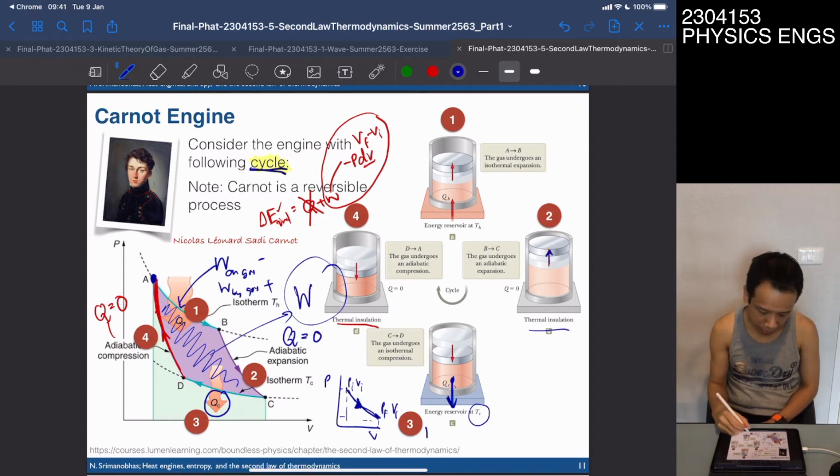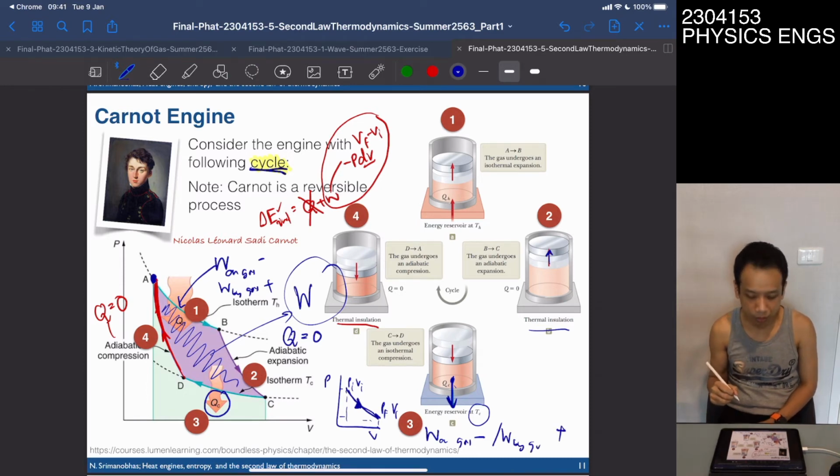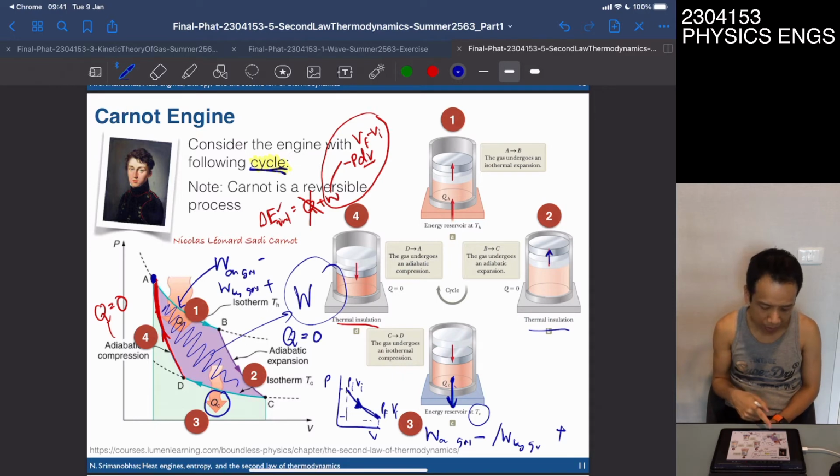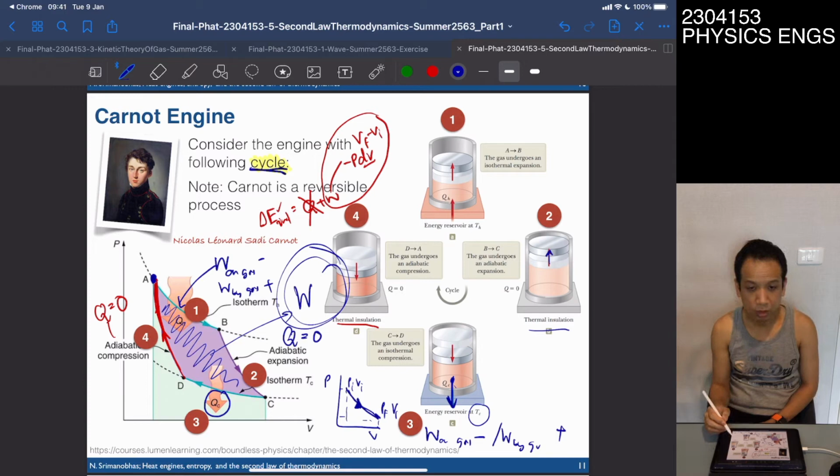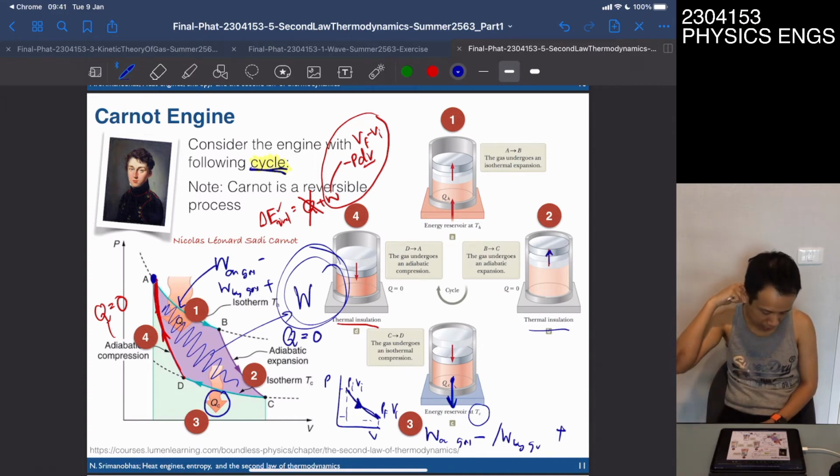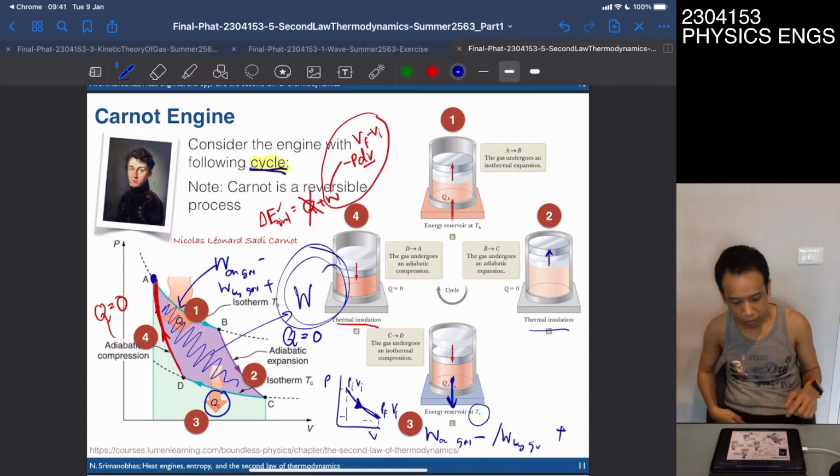So in that case, W on gas is negative, or W by gas is positive. Looking at this diagram, you can see that in total, the work done needs to be positive, which means the gas does the work, which is the correct thing because you are talking about the engine.